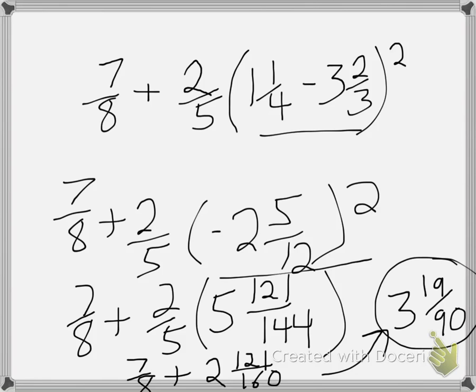So it's better usually to do it a little bit at a time. But if you wanted to check your answer real quick, you can put the entire thing in your calculator. You would just put the fraction 7/8 plus the fraction 2/5, open a parenthesis, do 1 and 1/4 minus 3 and 2/3, close the parenthesis, put the second power, hit enter, make sure that it's in mixed number form, and you should still get 3 and 19/90.